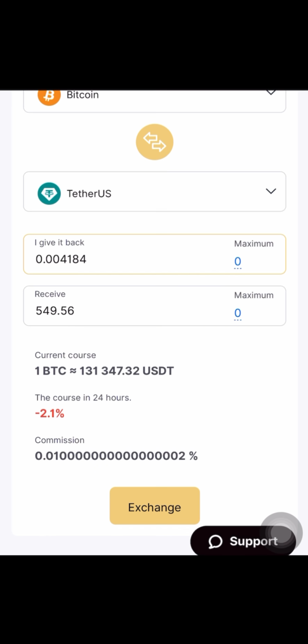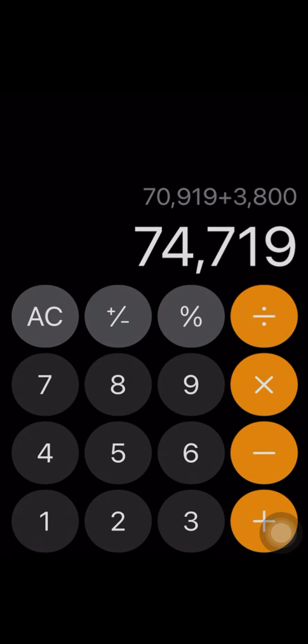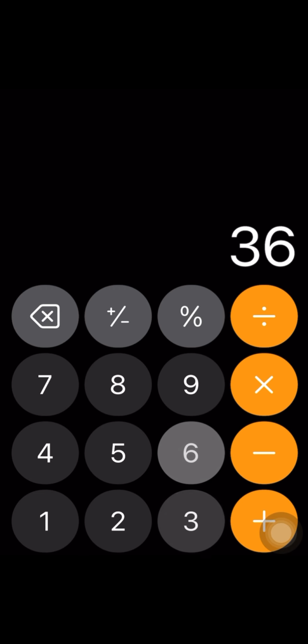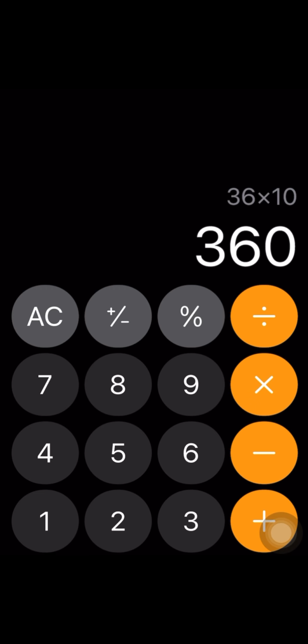So it means that I've made 36 profit from it per one trade, deducting the address fee. So imagine if you do 36 times 10 trades, you're making $360.